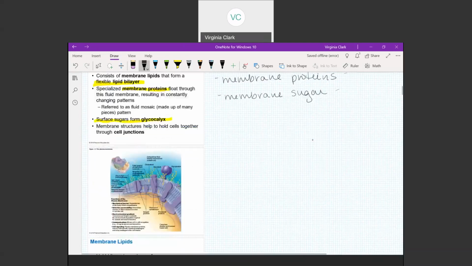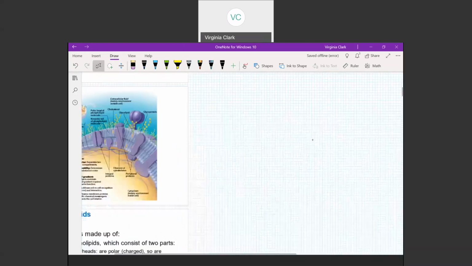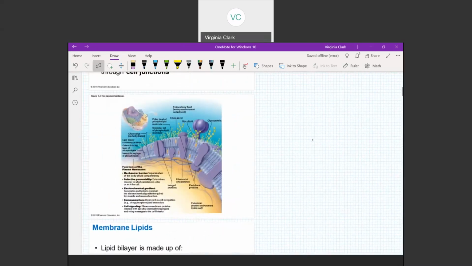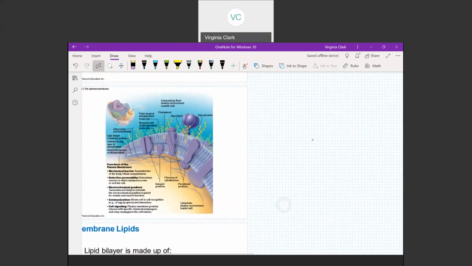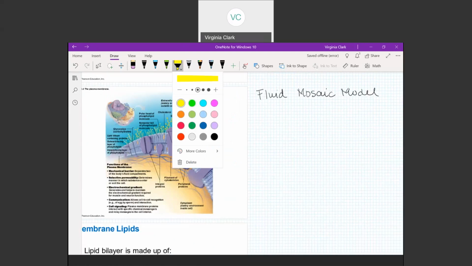Cool. So when you look at this, this is what the plasma membrane is kind of described as, and it will be called a fluid mosaic model. And a fluid mosaic model means that when you look at this plasma membrane, I'm going to draw on top of it, you'll notice that this guy right here, here is my plasma membrane.